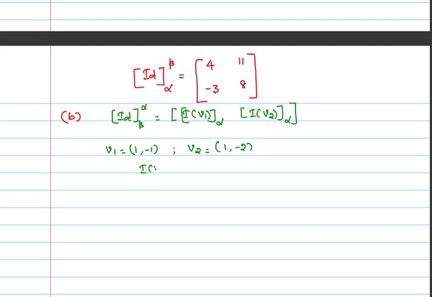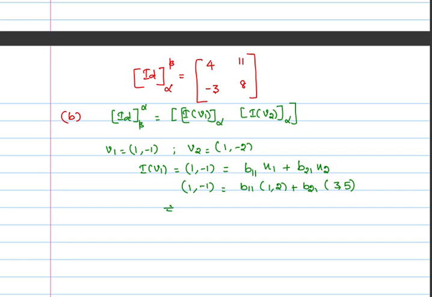So I of V1, (1, -1), equals, since I have already used the matrix A, for the time being I will take B11 times U1 plus B21 times U2. U1 I already taken as (1, 2), and U2 is (3, 5).